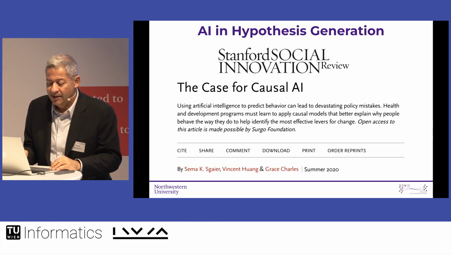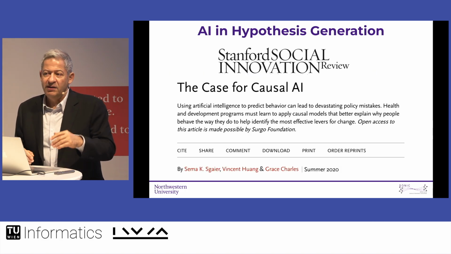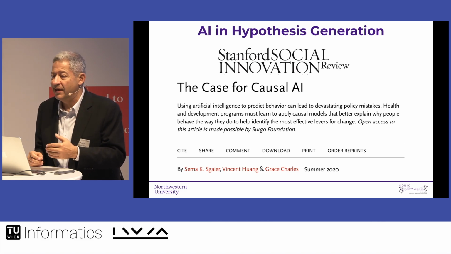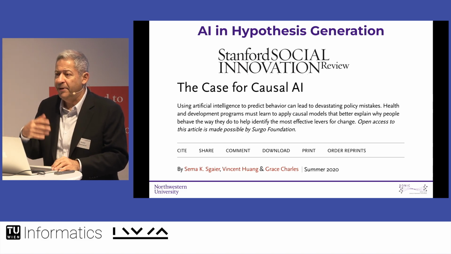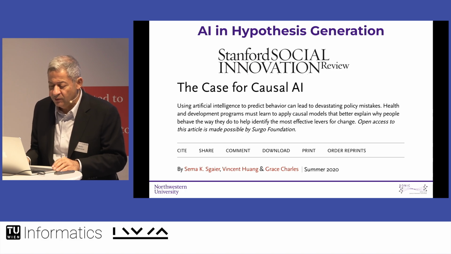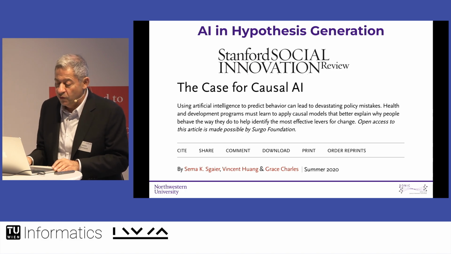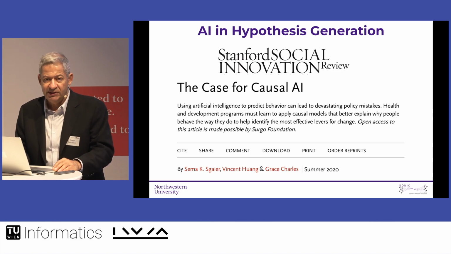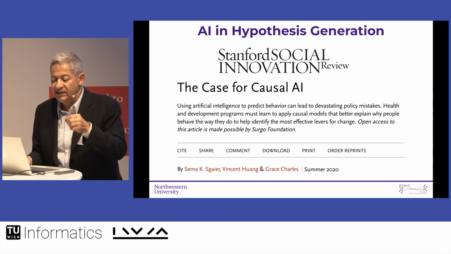We talked earlier today about the difference between prediction and causality, and we talked about Judea Pearl's work and so on. This is an article covering a story written by the Stanford Social Innovation Review, which talks specifically about the case for causal AI.